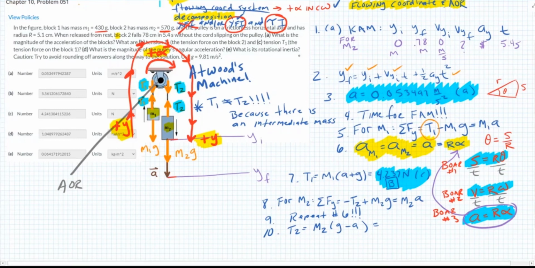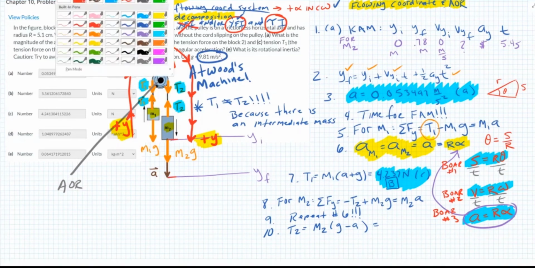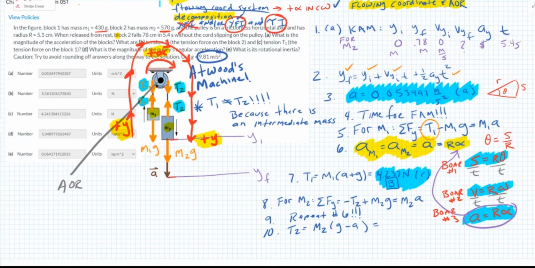They wanted you to use 9.81 meters per second squared. So I'm going to update this and erase this. I was wondering why I was getting a slightly different answer, and that's why.